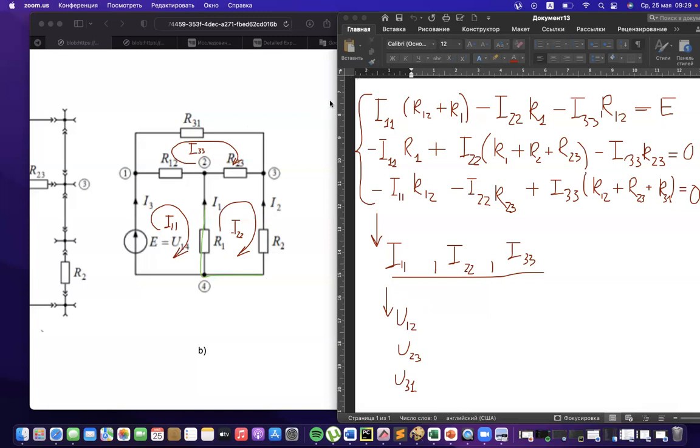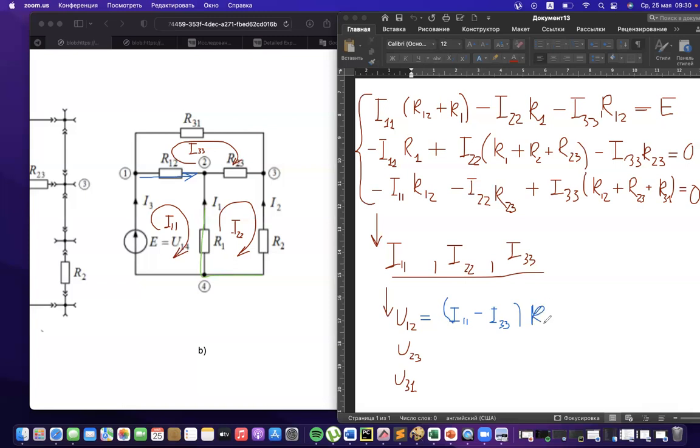How should it be written? The voltage U12, starting from point 1 to point 2. It will be the total current, and the total current is a combination: current I11 because it is the same directed, minus current I33 because it is opposite directed, and multiplied by the value of this resistor.